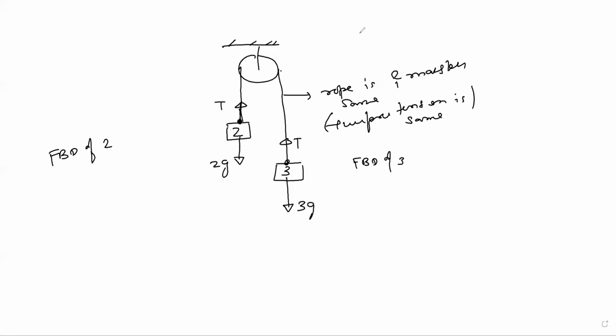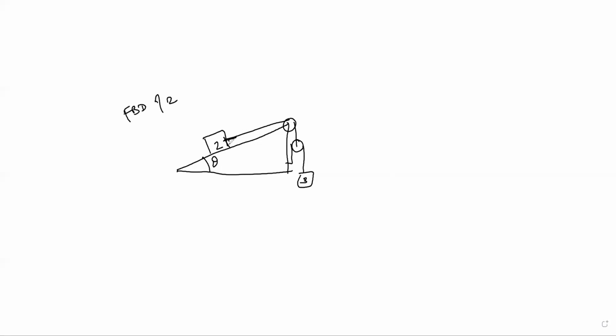Let's see another diagram. Okay. This is 2, this is 3. For this particular diagram, the FBD of 2: there will be a tension upward, there will be a 2G downward, and there will be a normal force. We may break this 2G into components as I have shown in my last diagram.